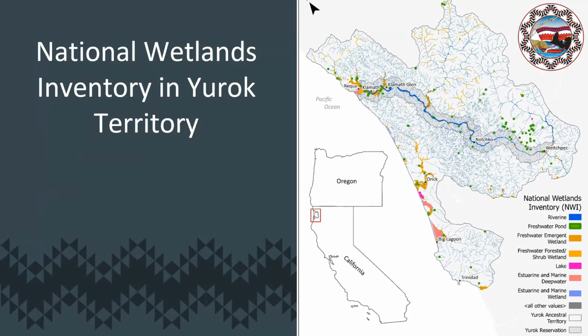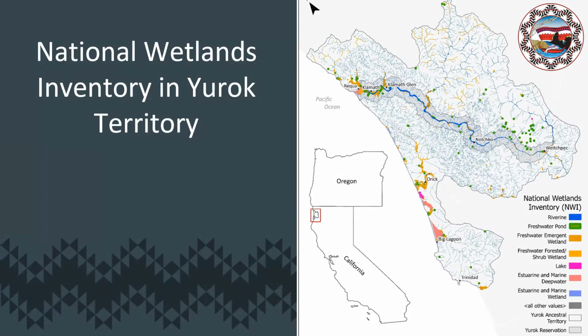this is a traditional ancestral territory that extends from the Little River in the south and the Damnation Creek to the north, and from the Pacific Ocean to Bluff Creek. The line that you see here is the Klamath River.